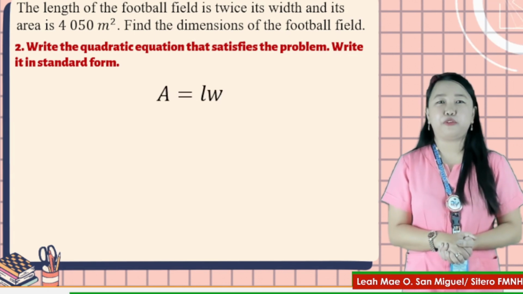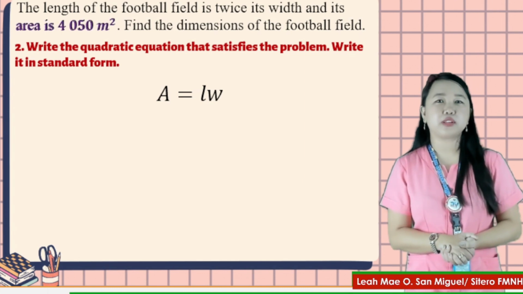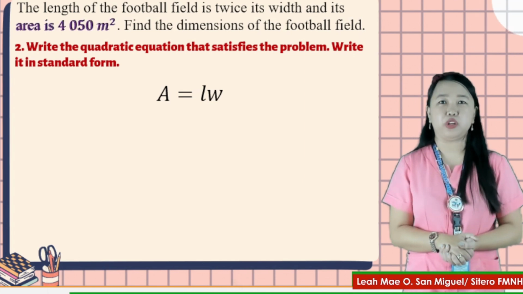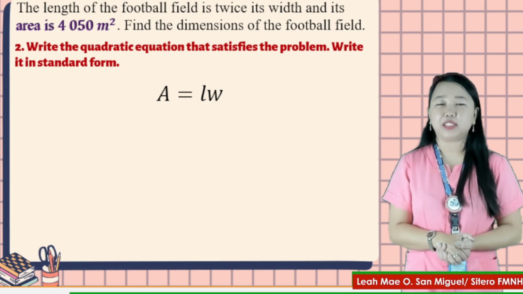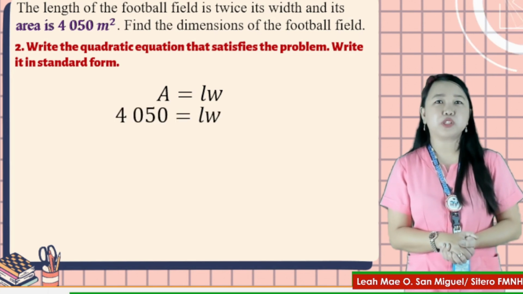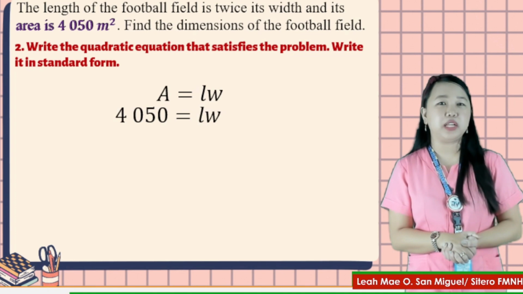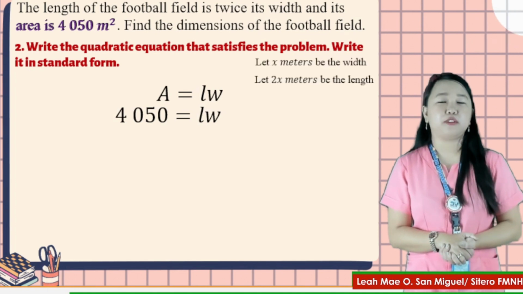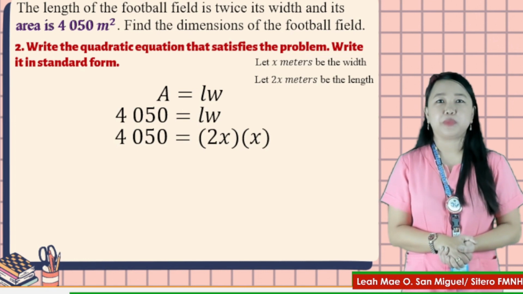The area of the football field referred to in the problem is 4,050 square meters. This means that the product of the length and the width is 4,050. So in terms of the width, the equation representing the area of the field is 4,050 is equal to 2x times x.